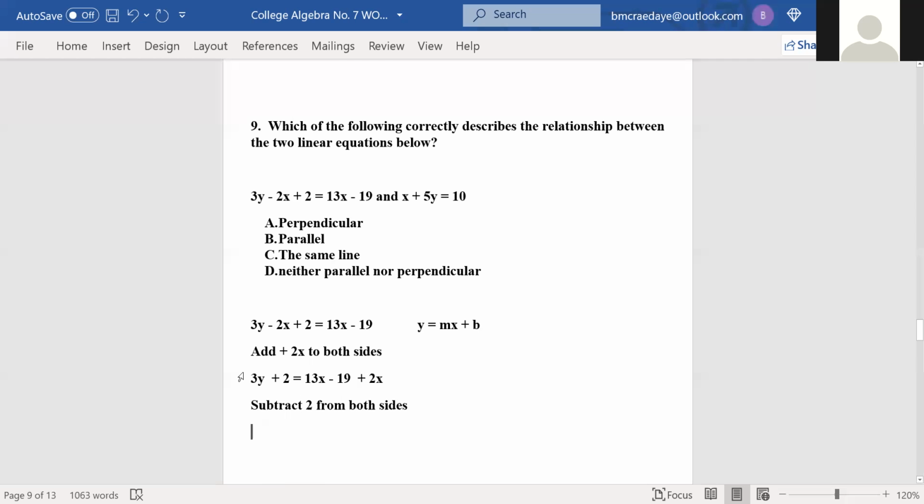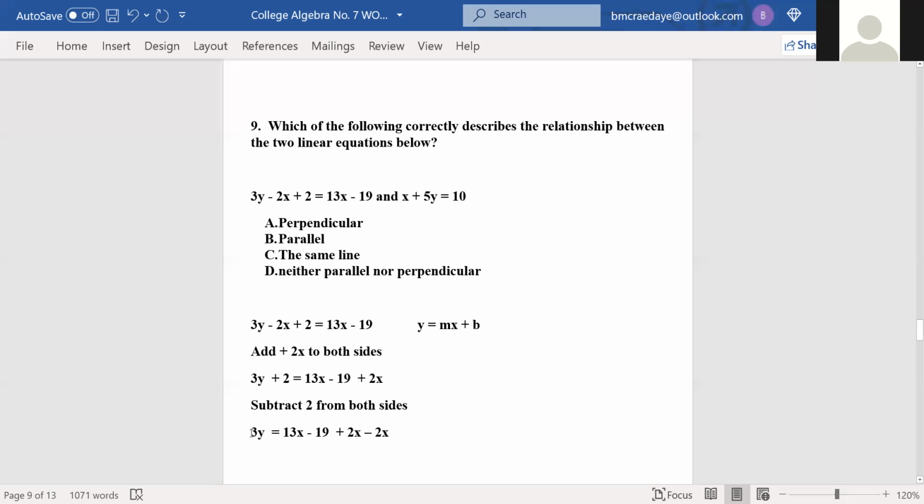Let me just copy it. 3y equals 13x minus 19. Okay, so I'm going to put this here, and the 2 is going to come out because I'm subtracting it, right? But I'm subtracting over here too, right? Minus 2x. So now I have 3y.